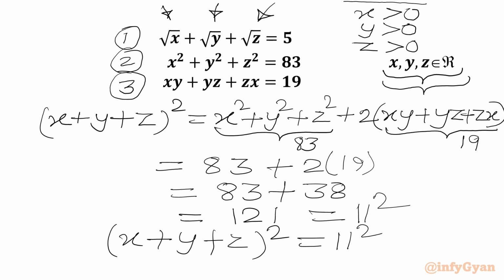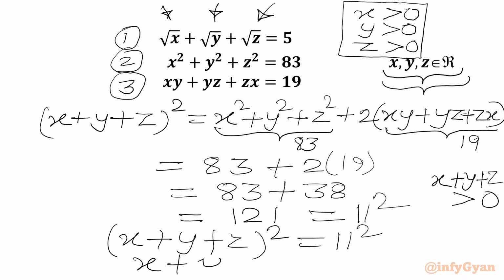If x, y, z are greater than 0, then we can write here x plus y plus z must be greater than 0. Now we will take a square root on both sides and we will write x plus y plus z equal to plus 11 and minus 11.